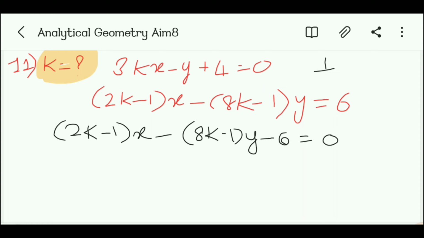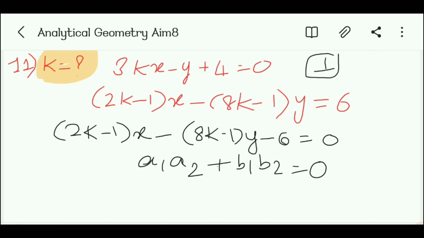Now both the equations are in the form ax plus by plus c is equal to 0. Now, as they have mentioned that the lines are perpendicular, using this only we can do anything, so we have to mandatorily use this formula, that is a1 a2 plus b1 into b2 is equal to 0.